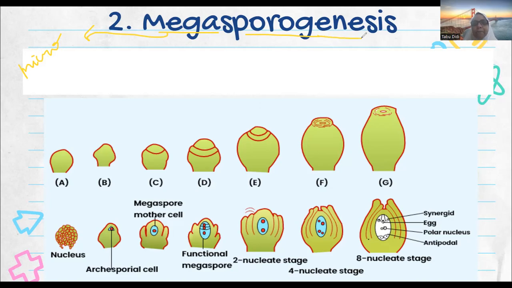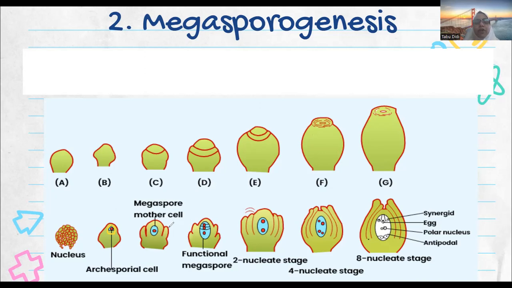If you see the diagram, this is how the developmental stage of the whole female gametophyte will be. It will begin from the nucleus, then develop into a cell stage structure where you will see the cell, the cytoplasm and the boundary of the cell.